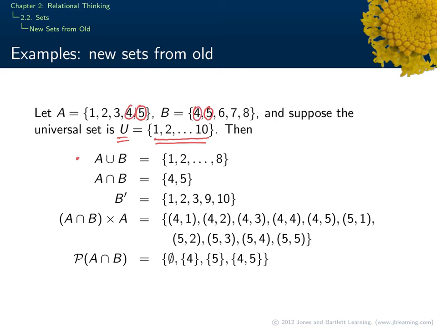And so you might be wondering, when we form the union, do we need to list 4 and 5 twice? And the answer is no. So you only list 4 and 5 once.